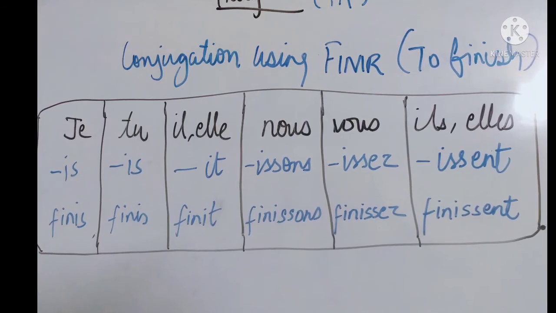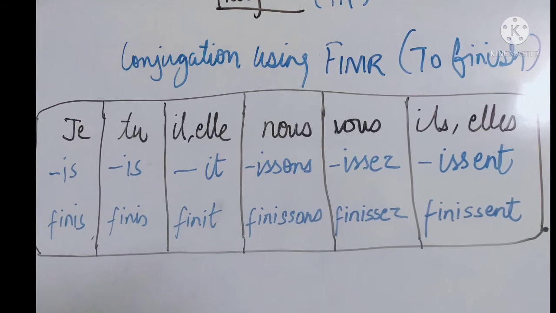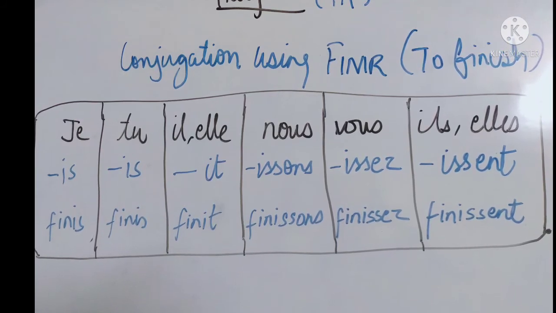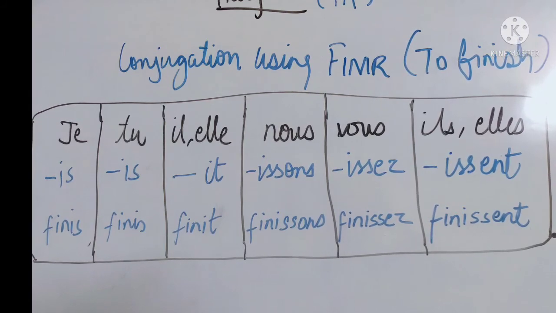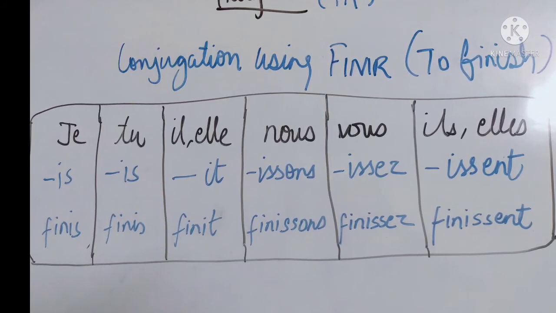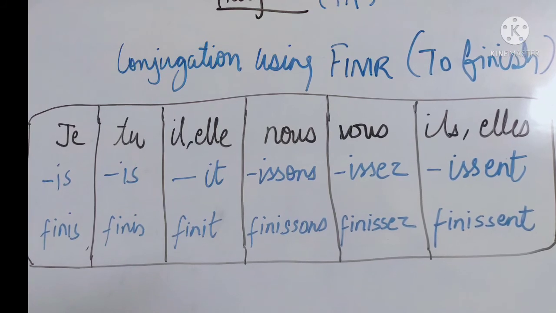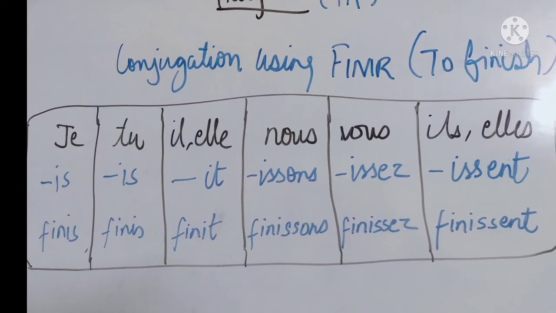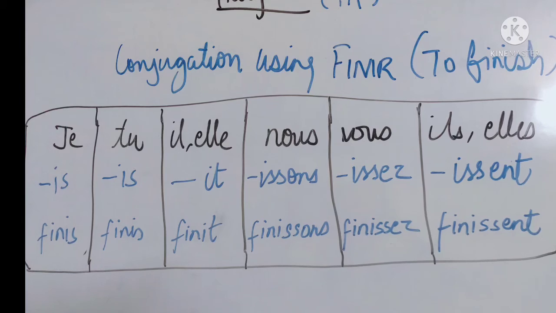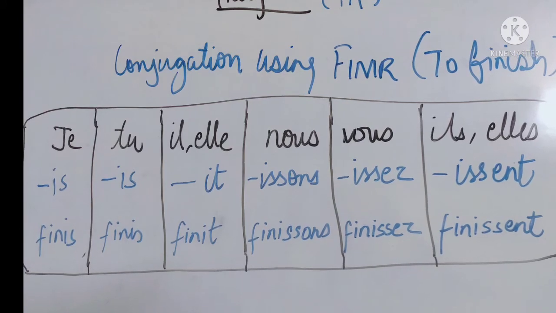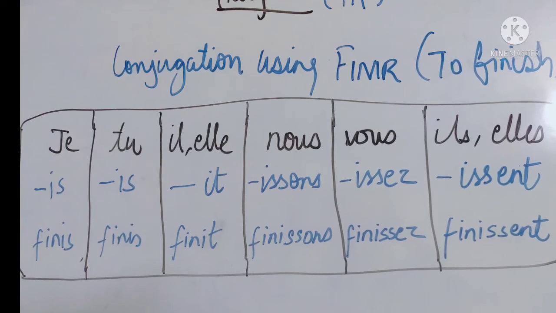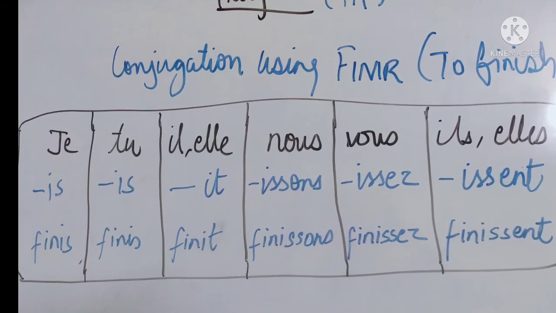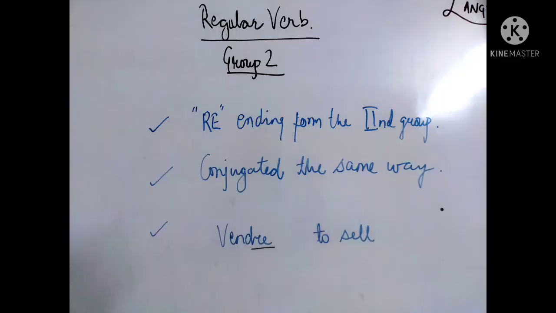For ils, elles plural, it is finissent. Okay, just a quick recap: finis, finis, fini, finissons, finissez, finissent. Now you do it. I hope you can see that IR conjugation is different from ER. Okay, guys, just remember the conjugation in the present tense according to the infinitive form of each and every verb.